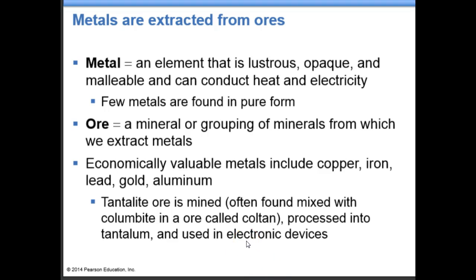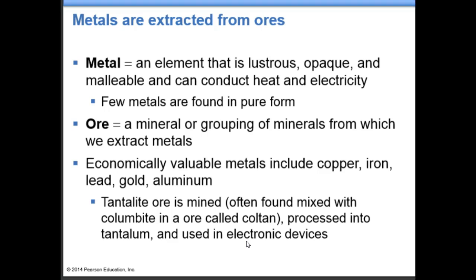So when we break this down, a metal is an element that is lustrous, opaque, and malleable, and it can conduct heat and electricity. There are very few metals that are actually found in pure form, so they have to be synthesized. Ore is a mineral or a grouping of minerals from which we extract metals.